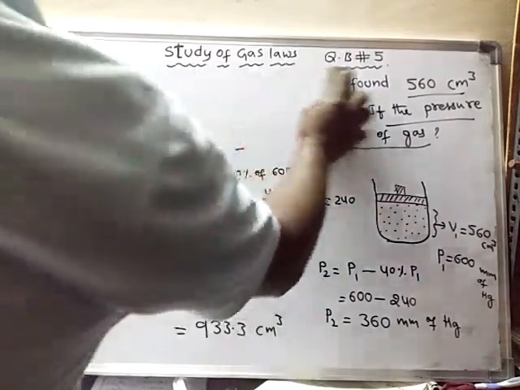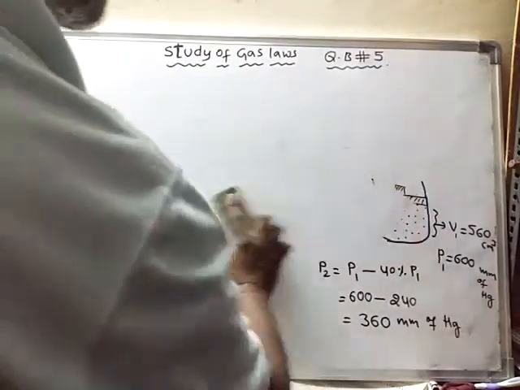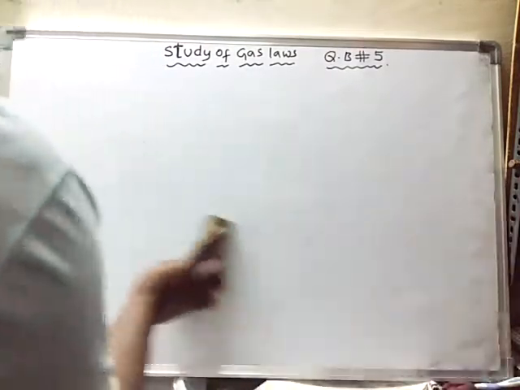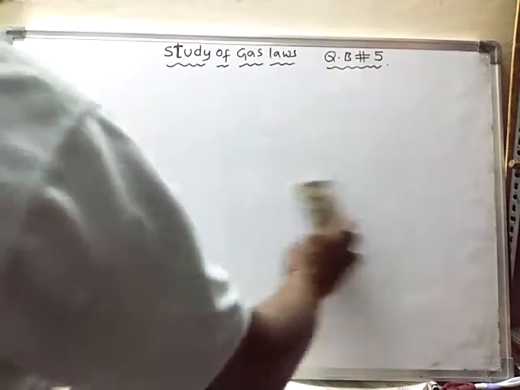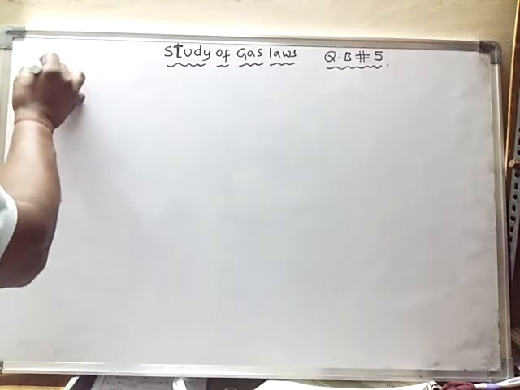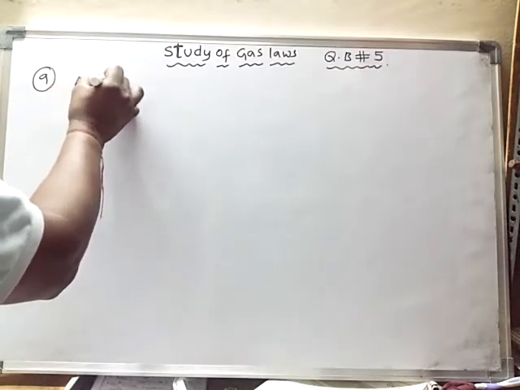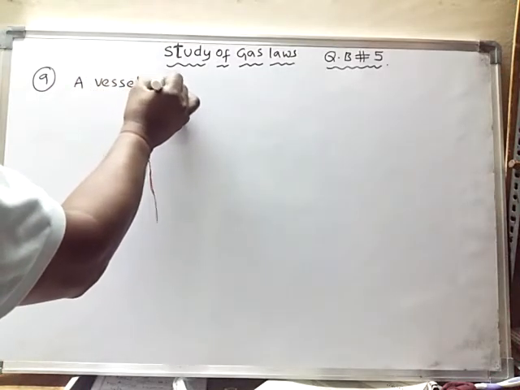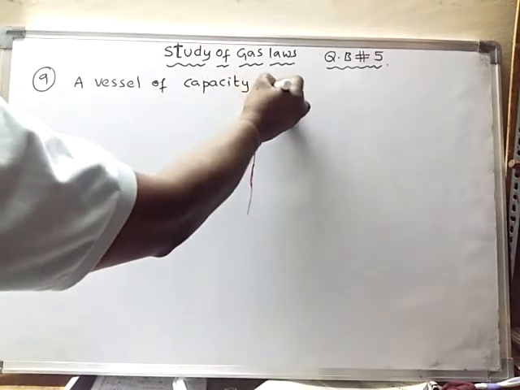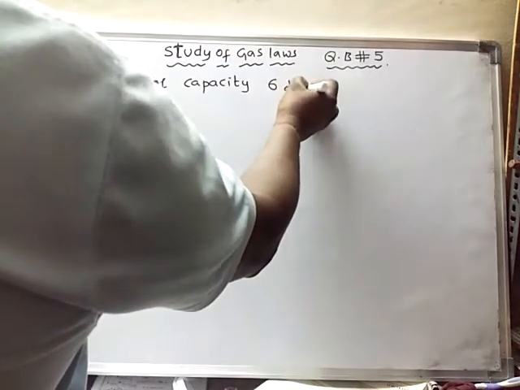Now we will look into the ninth question. What is the ninth question? Again, there is one more numerical problem. Ninth question: a vessel of capacity 6 decimeter cube.